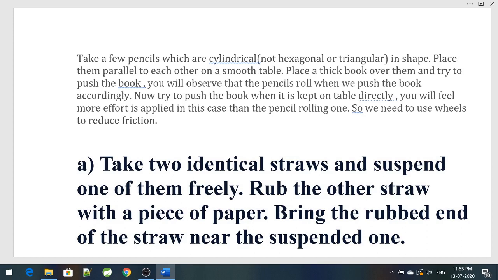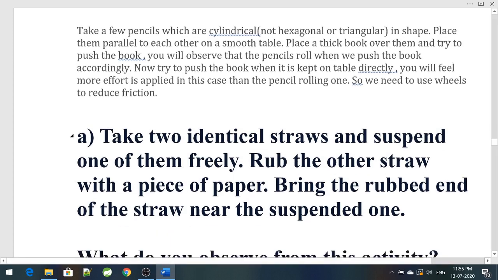When you are moving the book, the pencils which you kept below the book also rotate. And when you keep the book just on the table and you move it, you will feel you are applying more force than when you kept it on the pencils. So the rolling process also helps in reducing the friction. So these two experiments tell how to reduce the friction.